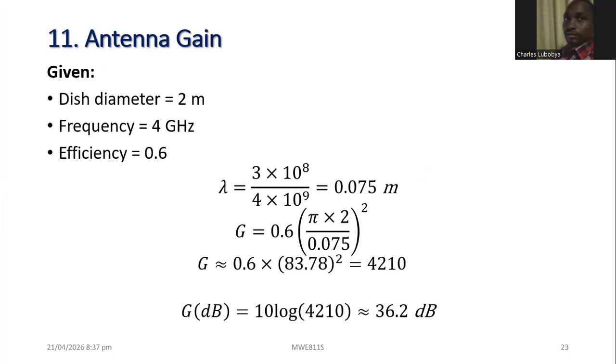Then for the gain, it will be efficiency multiplied by pi D over the wavelength, everything squared, and you get 4,210 as a gain. Then you can express this now in decibels by simply taking 10 log 4210, which gives you 32.2 decibels.